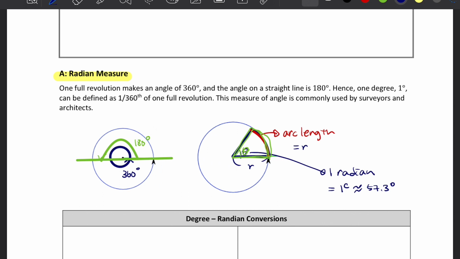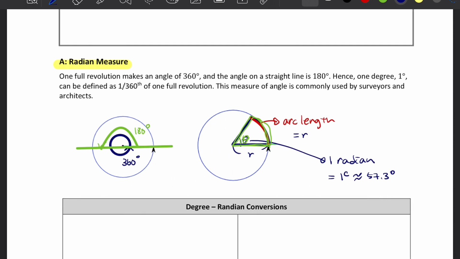However, what's important is that we need to know how to convert from degrees to radians and from radians to degrees. And you can see that 57.3 is not a great number to use, so we have to come up with a conversion factor. We're going to use a semicircle to derive that conversion factor.